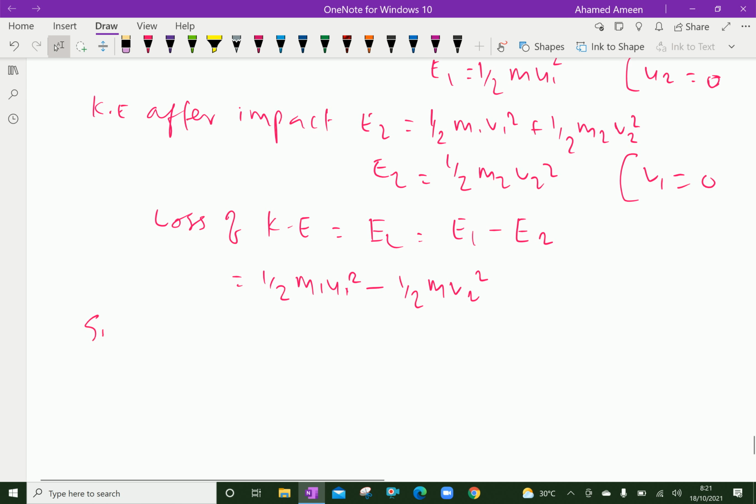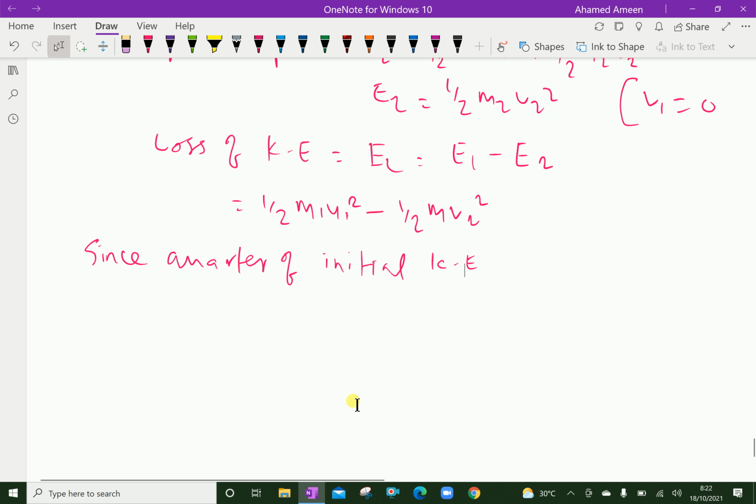Since the given quarter of the initial kinetic energy is equal to the loss of kinetic energy by impact.